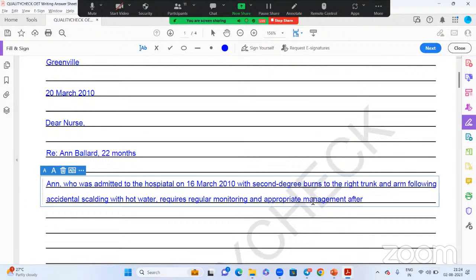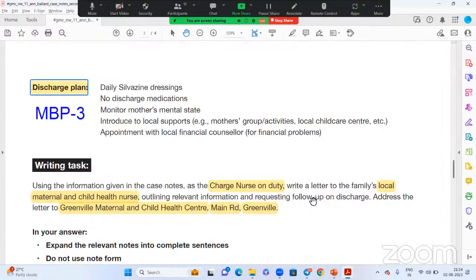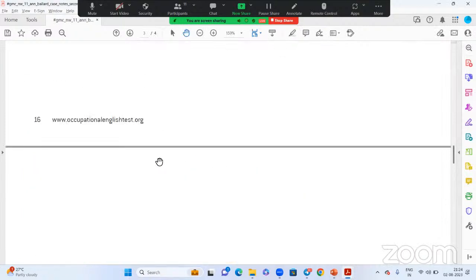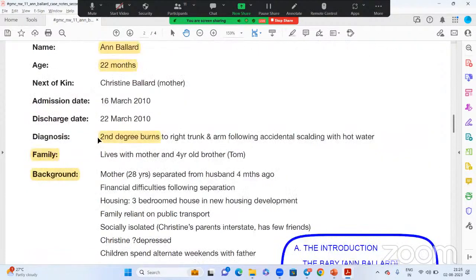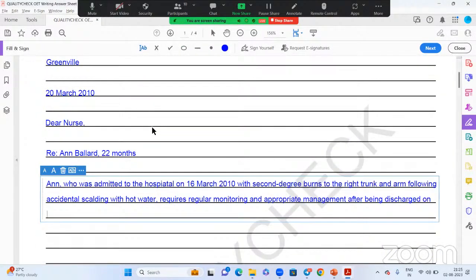After being discharged on, when is the discharge scheduled? 22nd March 2010. No need to write 2010, because already we have written. So here 2010 is there.